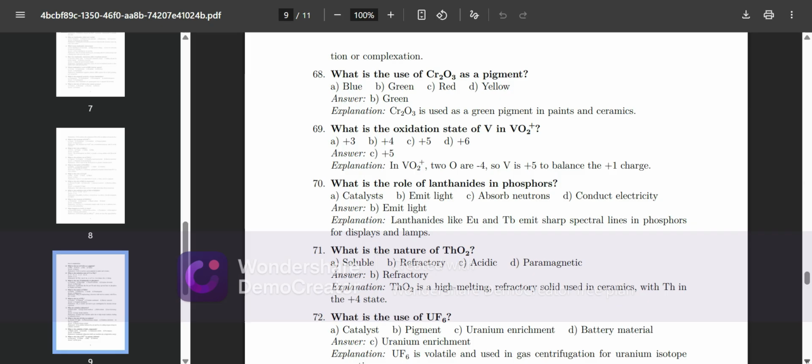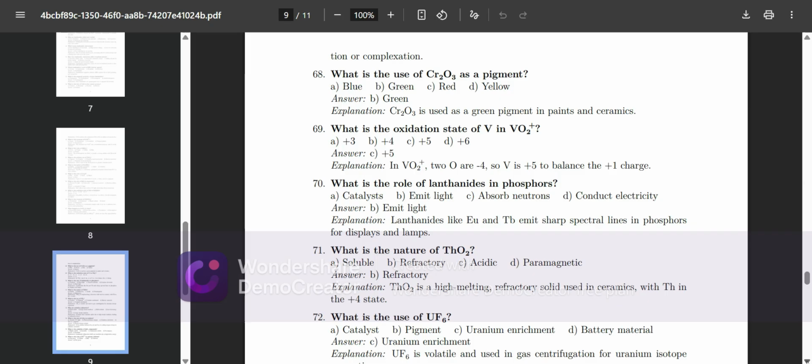In VO2+, two oxygens are -4, so V is +5 to balance the +1 charge. What is the role of lanthanides in phosphors? Emit light. Lanthanides like Eu and Tb emit spectral lines in phosphors for displays and lamps.